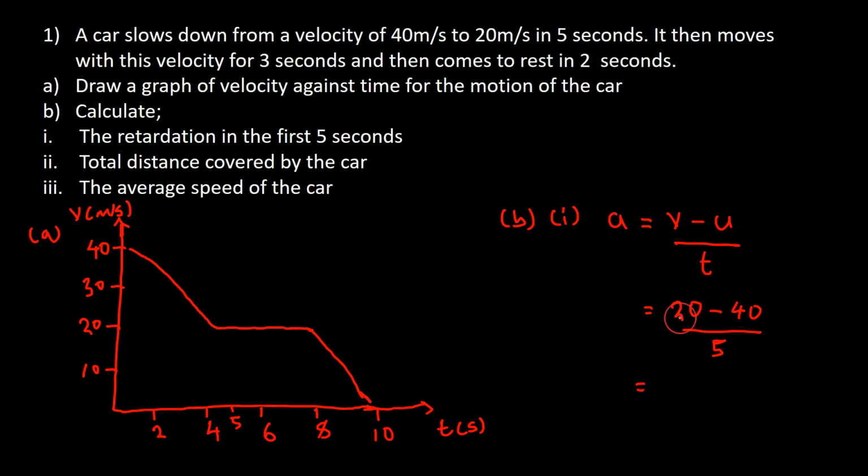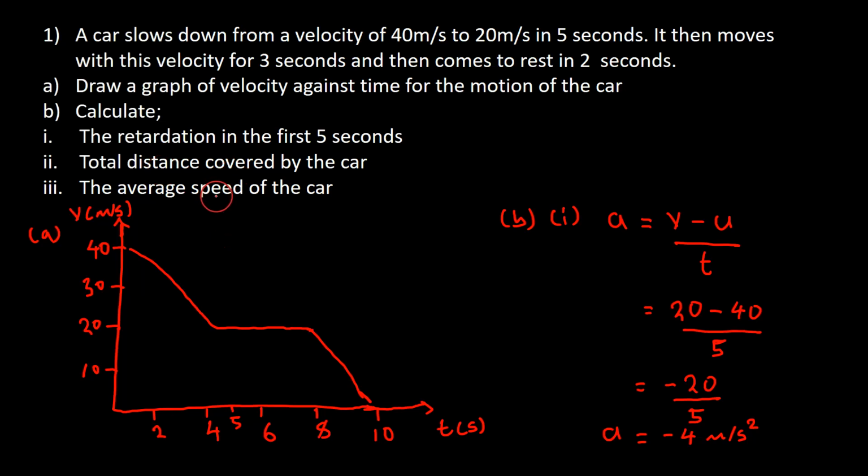That equals 20 minus 40, you have negative 20, and then over 5. 5 into negative 20 is just negative 4 meters per second squared. So this is our retardation, as in negative 4 meters per second squared.